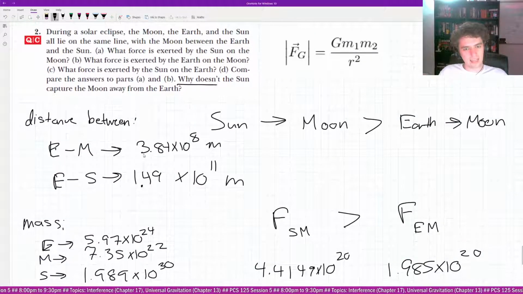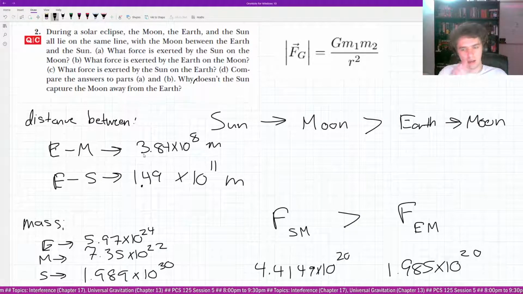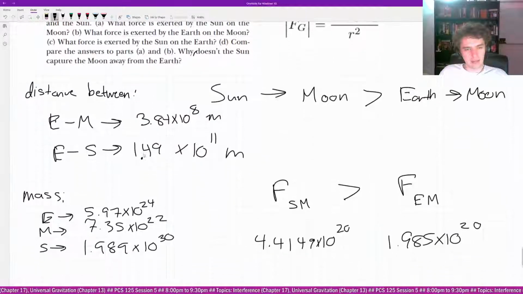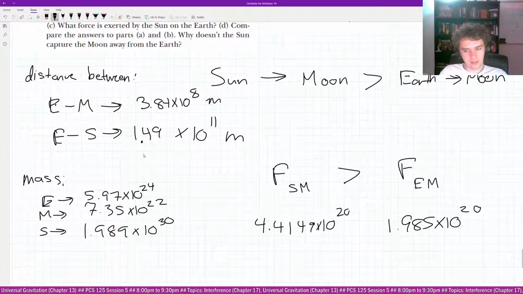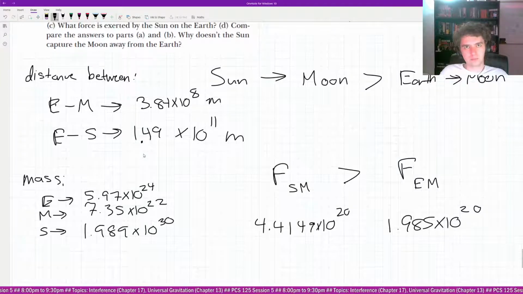So in that case, why doesn't the sun capture the moon away from the earth? How do I explain it? The force is greater. It'll orbit in whatever the direction of the net force is, because that'll cause the centripetal acceleration.